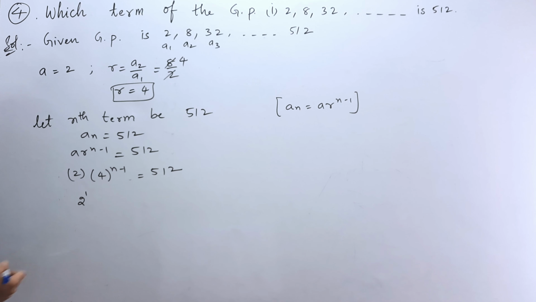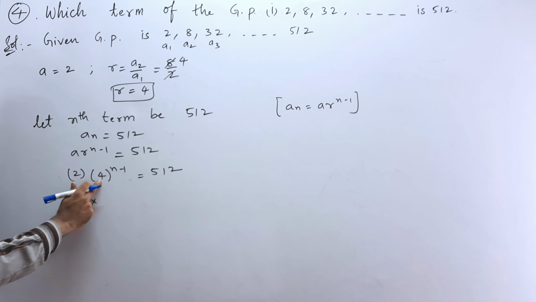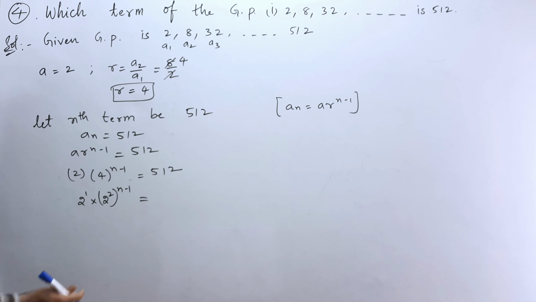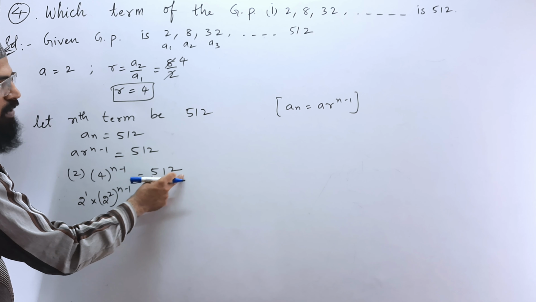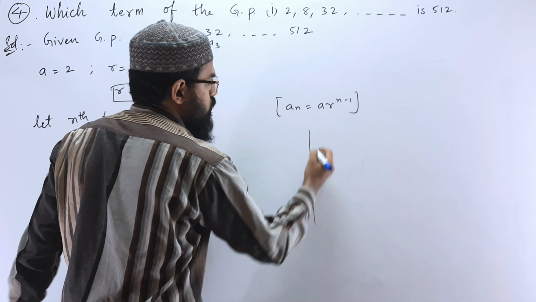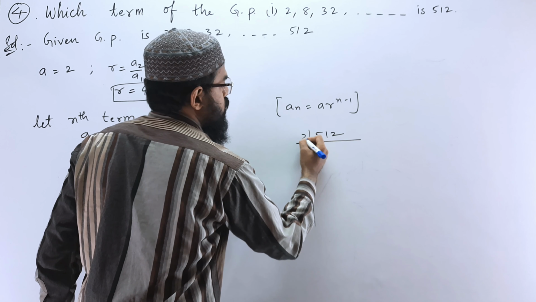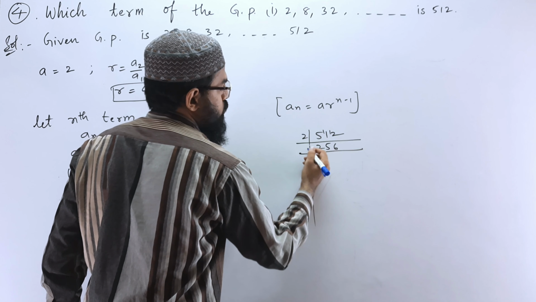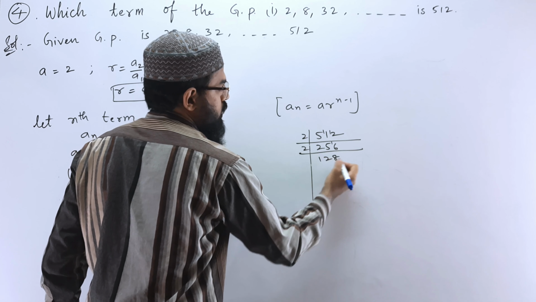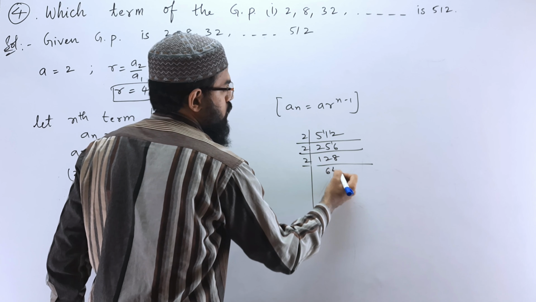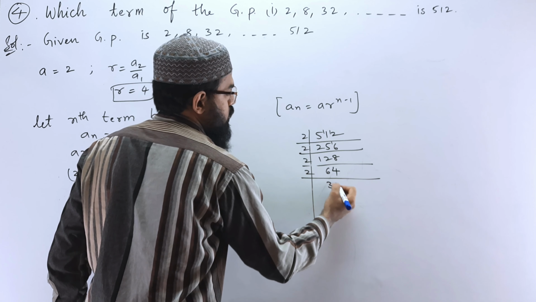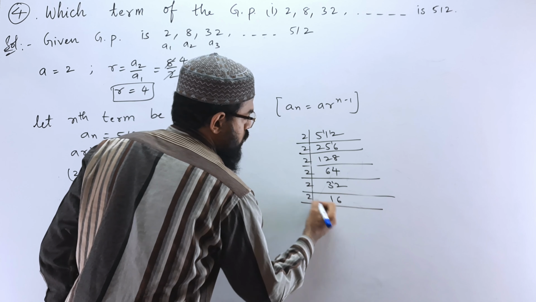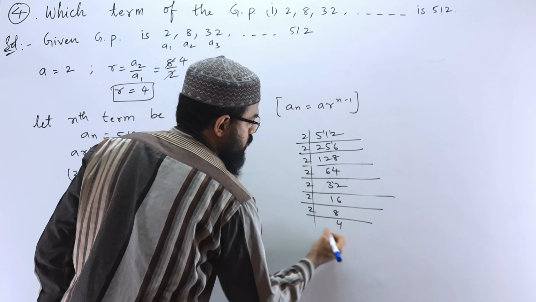So 2 to the power of 1 we can write. This 4 can be written as 2 squared, whole to the power of n minus 1 is equal to, now let us take out the factors of 512. 2 2s are 4, 2 5s are 10, 2 6s are 12, 2 1s are 2, 2 2s are 4, 2 8s are 16, 2 6s are 12, 2 4s are 8, 2 3s are 6, 2 2s are 4, 2 1s are 2.